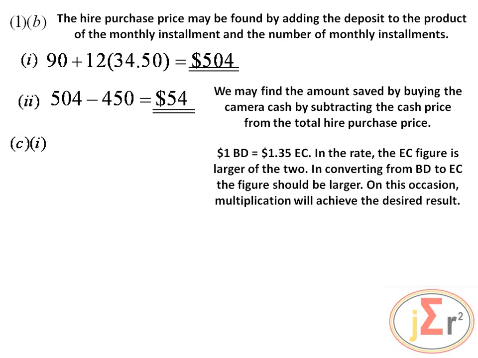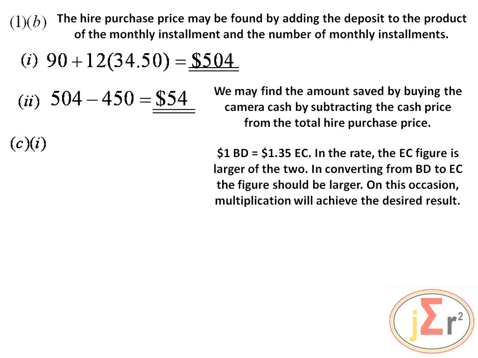In that rate, the EC figure is larger. So the EC figure is $1.35, and that is larger than $1. In converting from Barbados to EC, the figure should be larger.